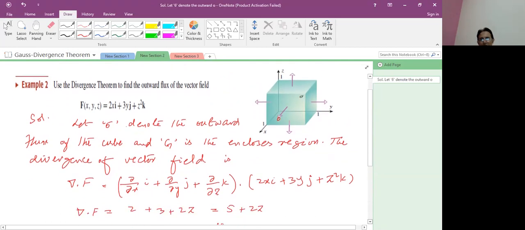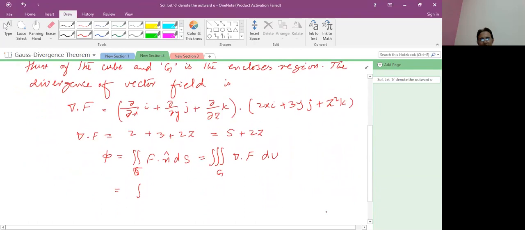So when we consider the cube, the limit of z is 0 to 1, the limit of y is 0 to 1 and the limit of x is 0 to 1. Del dot f is 5 plus 2z, which we have determined in the previous step. Then dv is equal to dz dy dx.